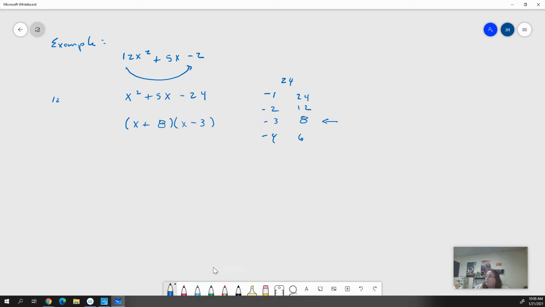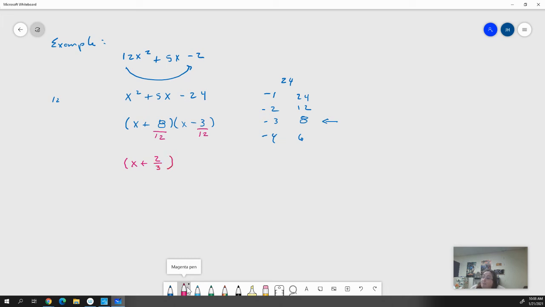And now we found those factors, but we have to put that 12 back in, right? Or technically divide it out. So I'm going to go ahead and reduce these fractions. If I look at this first one, everything here is divisible by 4. So I'm going to go x plus, well, 8 divided by 4 is 2, 12 divided by 4 is 3.